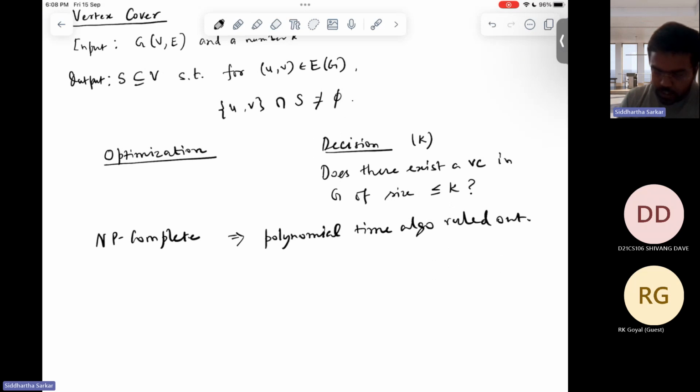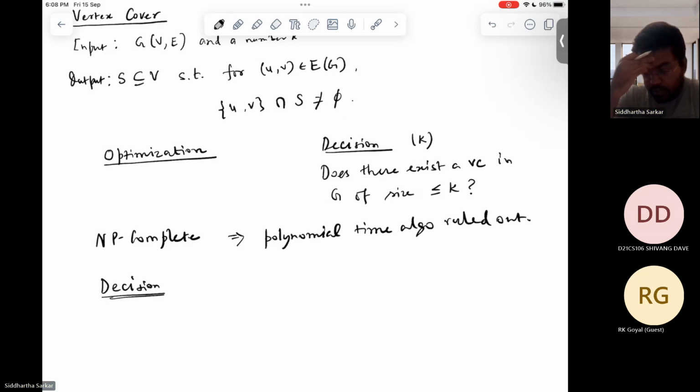So in general, if somebody asks the decision version of the question, then what is the most natural brute force algorithm we can think of to decide if there exists a vertex cover of size at most k?